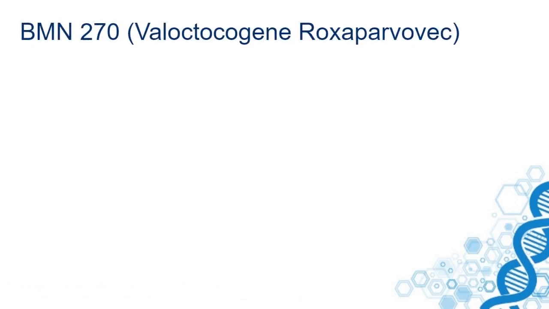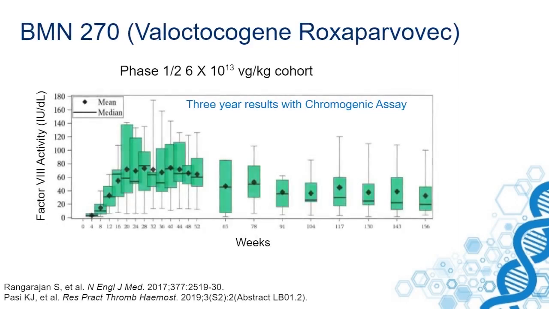This BMN 270 was the phase 1/2, which is now in phase 3 at this dose, the 6 × 10^13 vector genomes per kilogram. And these are the 3-year results with the chromogenic assay.